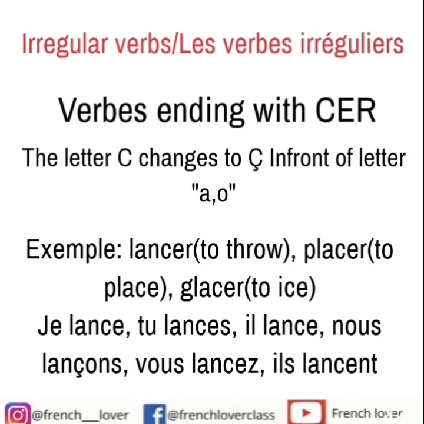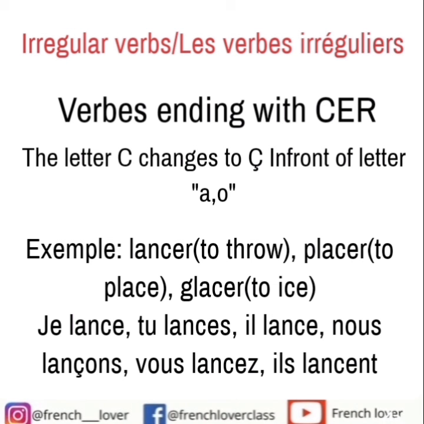For verbs ending with CER, it's simple. The C we change to a Ç, what we call the cedilla accent. That little tail on the C is la cédille, cedilla in English. So the C changes to a Ç in front of the letter A and the letter O. We have lancer, to throw, placer, to place, glacer, to ice.